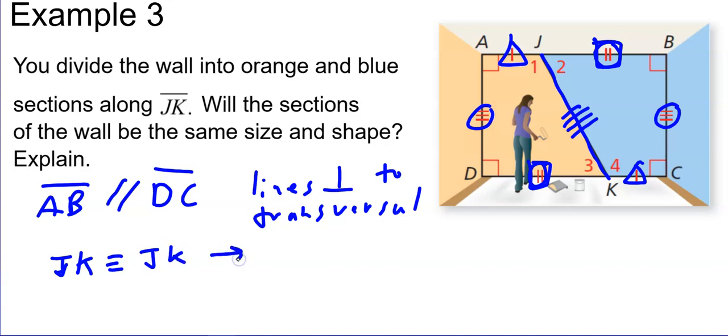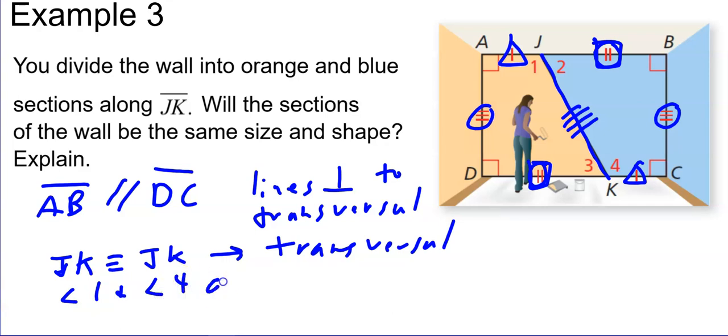But this is also the transversal right here, which means angle 1 and angle 4 are congruent because they are alternate interior angles. And the same thing for 2 and 3.